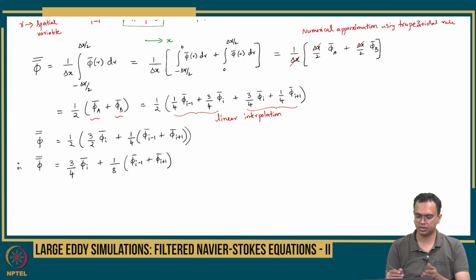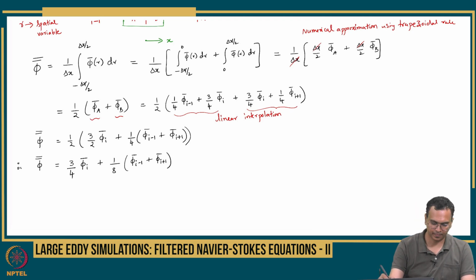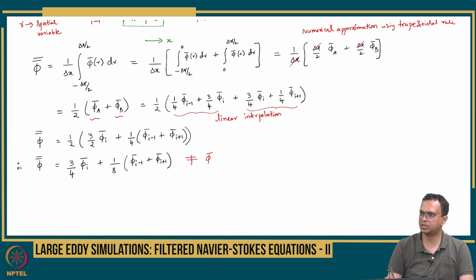Now the question is, is this what phi bar is? You can see phi double bar is not equal to phi bar alone. Of course, this is a numerical approximation. I'll give you a mathematical proof also that these two will not be the same whenever you use any filter type other than a spectral filter.